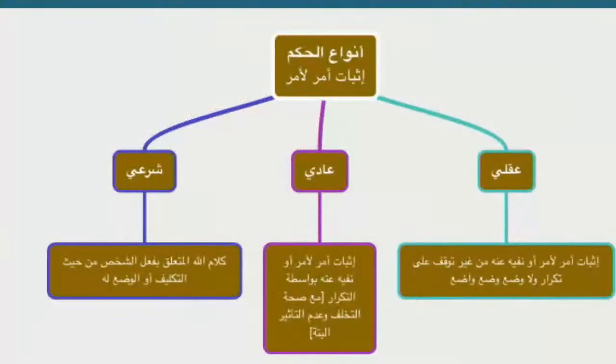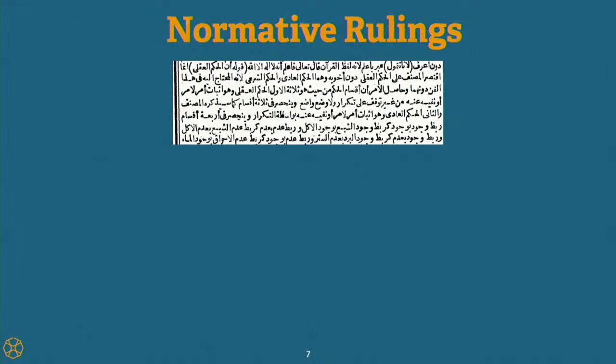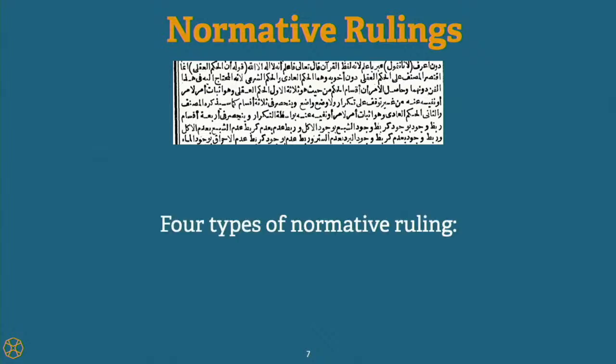So he says, going back to the normative ruling, وينحصر في أربعة أقسام. Right, so the normative ruling is of 4 types, and this is straightforward, and this is something that you have to accustom yourself to think about. Because with the ruling, you can affirm something for something, either إثبات أمر لأمر أو نفيه عنه.